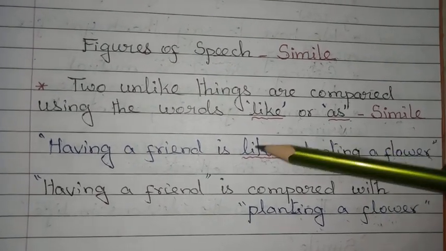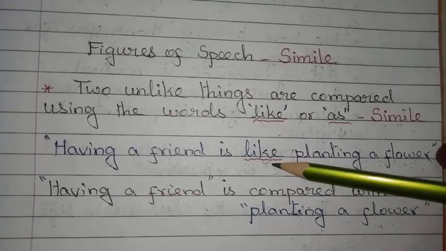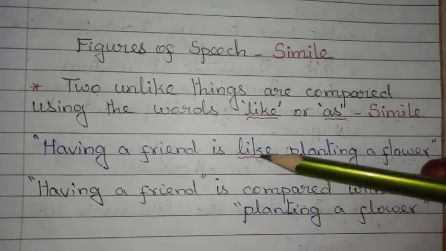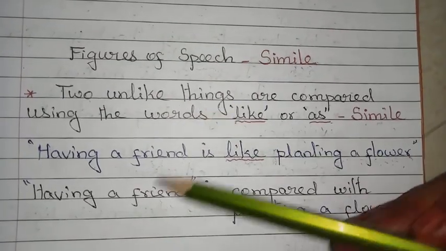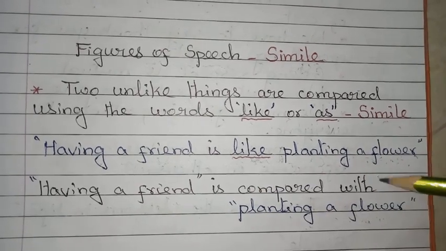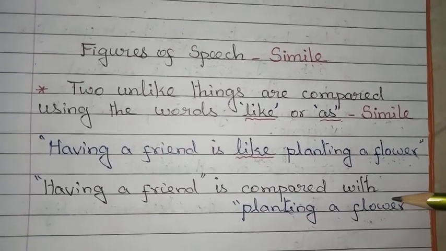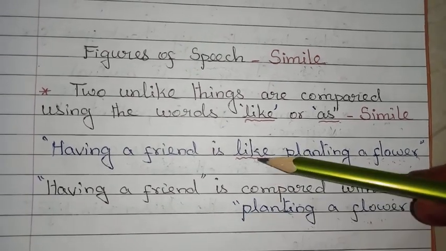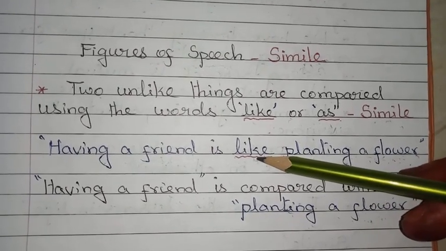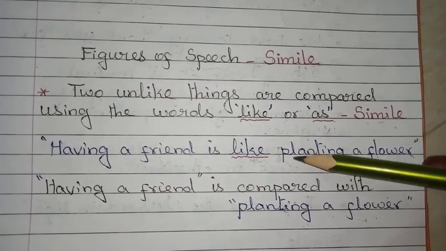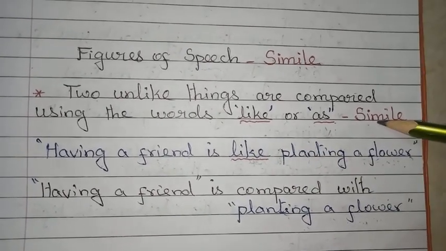And also they used the word like. So the two unlike things, having a friend and planting a flower, are compared, and the poet used the word like. So the figure of speech used in this line is simile.